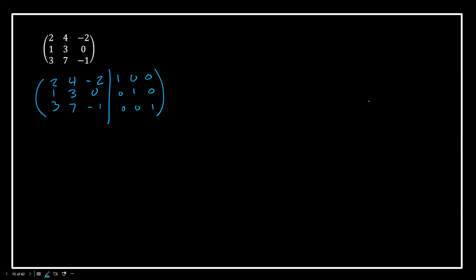If we look at this, we're going to take 3 times this and subtract it from this, or multiply this by -3 and add it to this row. So R3 new is going to be equal to -3 times R2 plus R3 old. We'll have this times -3 added to here, and that'll make that 0.